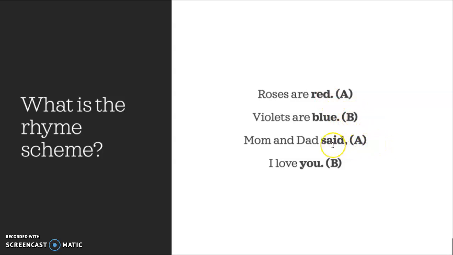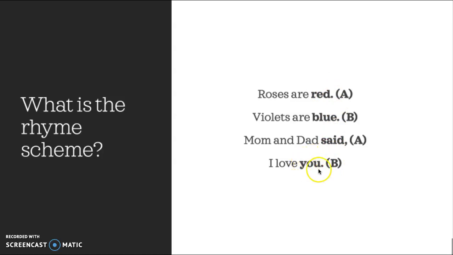"Mom and Dad said." Does said rhyme with red or blue? It rhymes with red, so because they have the same rhyming sound, that's why we label it A. "I love you." Does you rhyme with red, blue, or said?